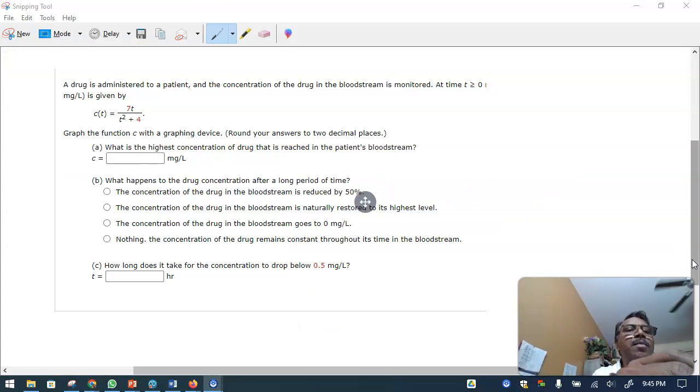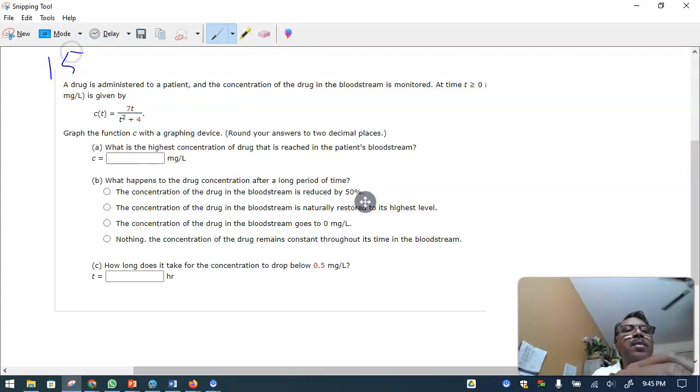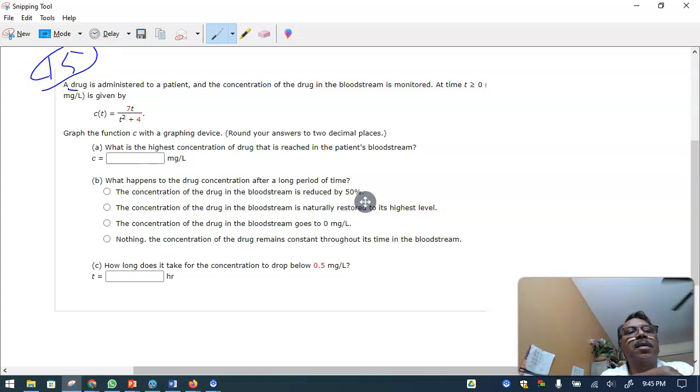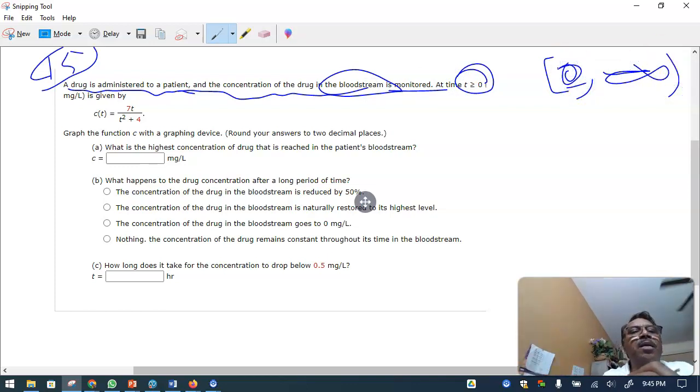This is problem number 15. This is a worded problem. Again, we need to use the graphing calculator. A drug is administered to a patient, and the concentration of the drug in the bloodstream is monitored. You can see the domain is t from some value to infinity. As time passes by, how much is the concentration of the drug in terms of milligrams per liter?